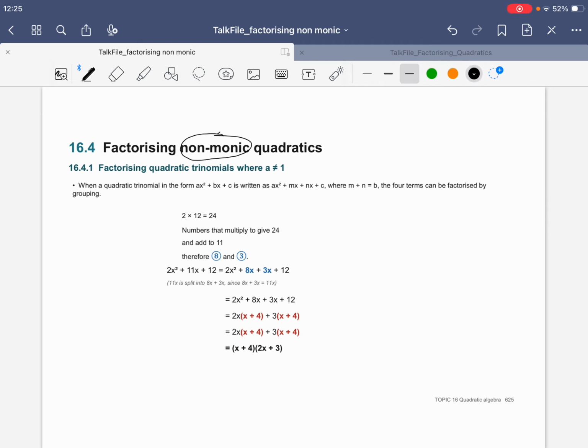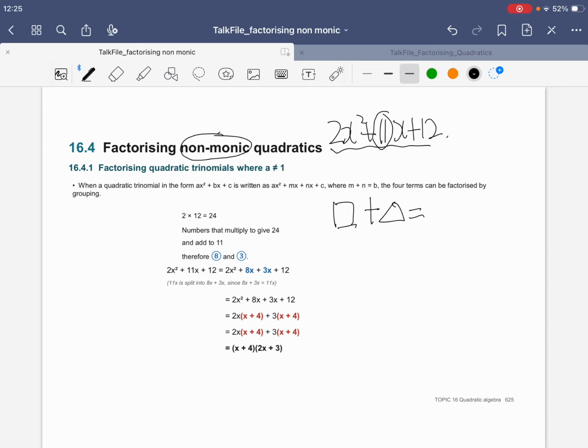So now we want to factorize non-monic quadratics, things like 2x squared plus 11x plus 12. So how do we factorize? It's gonna be a bit more complicated than monic quadratics, but it's pretty similar, I would say. The first thing you should do is still find a pair of numbers that add up to 11.